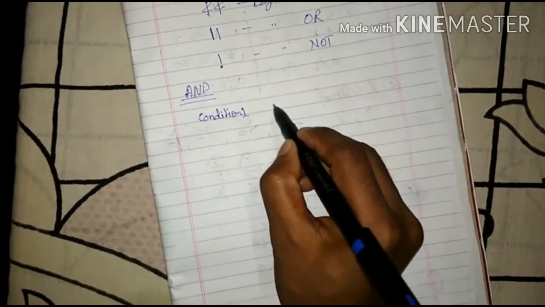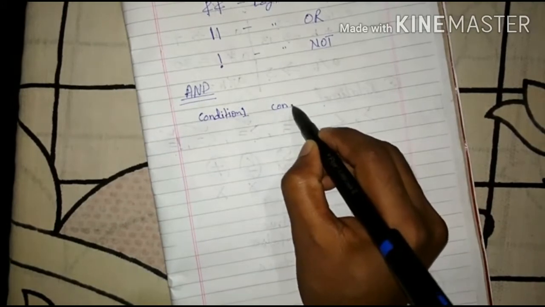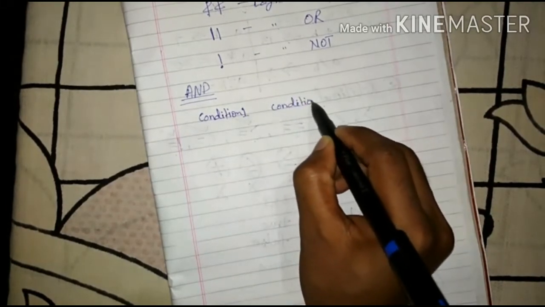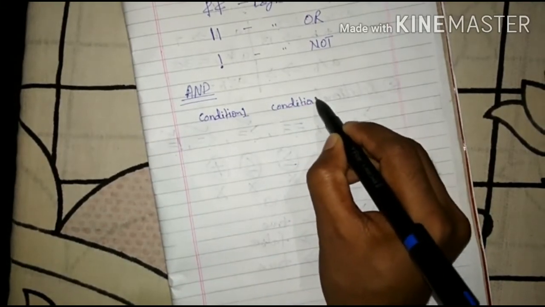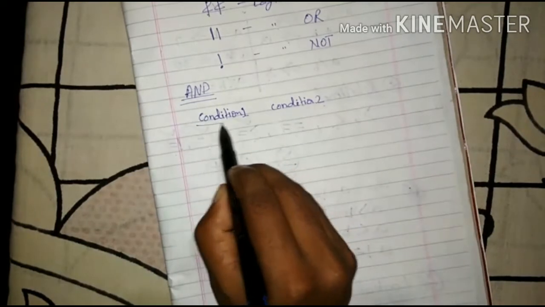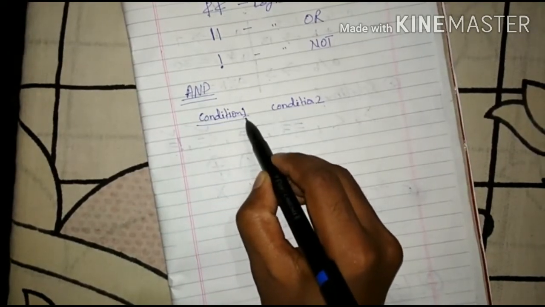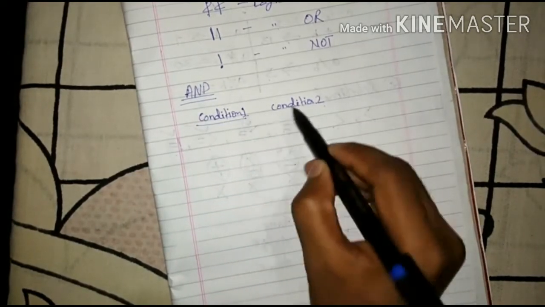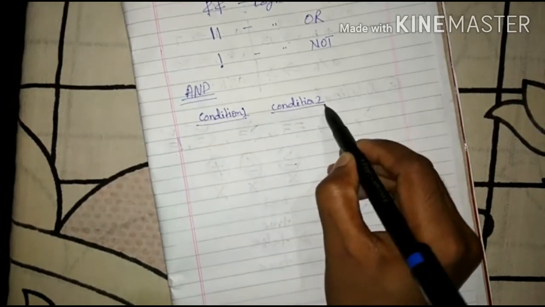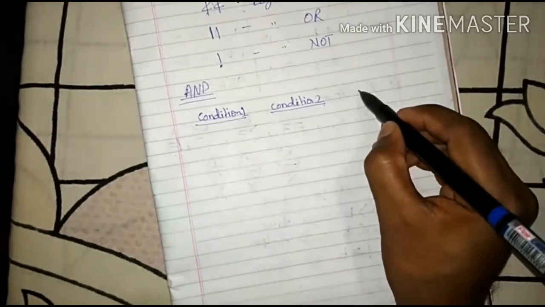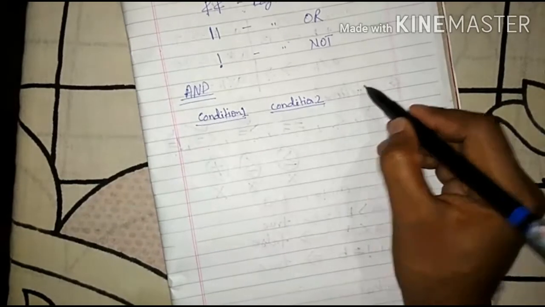So I'm taking for AND, suppose I'm taking a condition 1, and I'm taking another condition 2. For this condition we can use the relational operator, and for this condition we can also use the relational operator, and this is the AND operator.